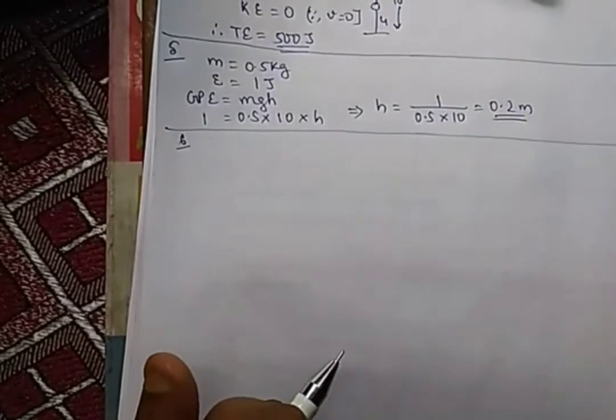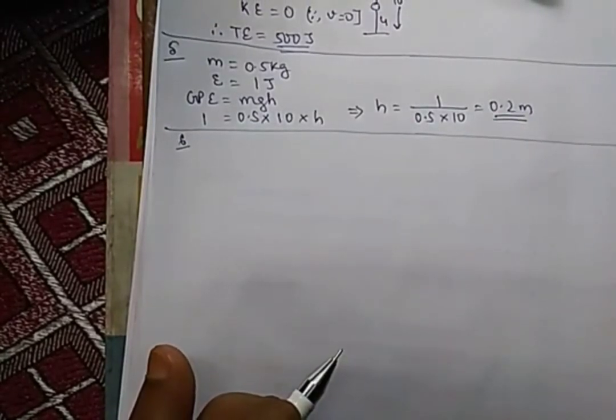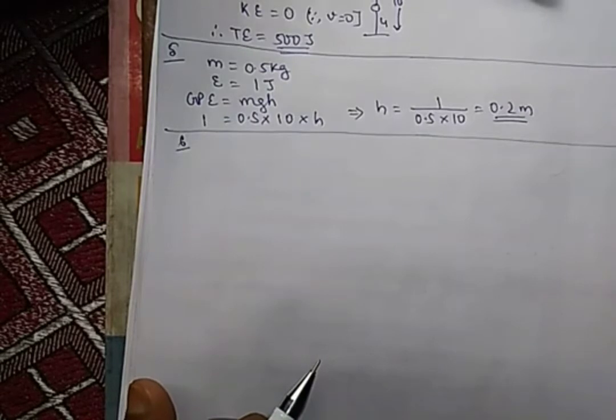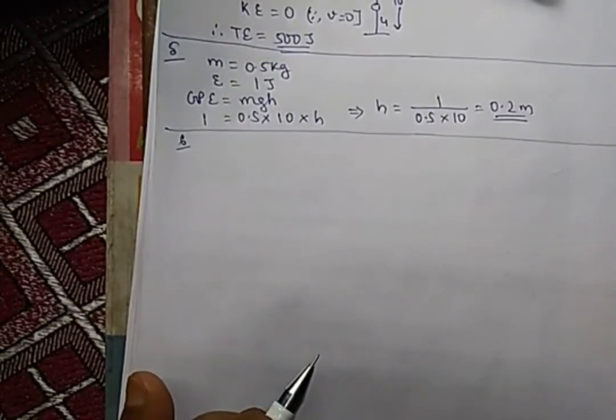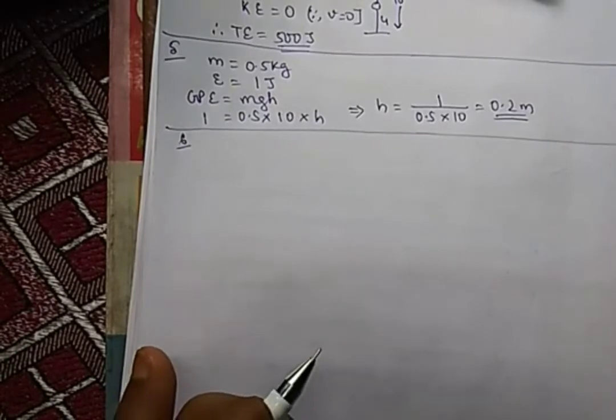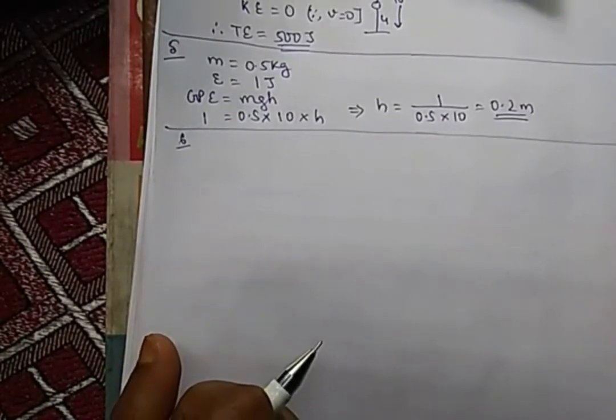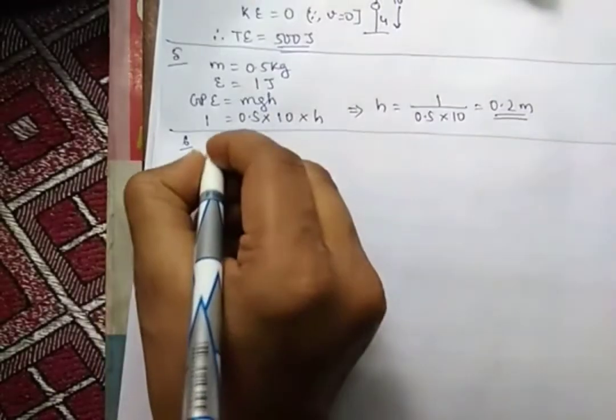Number 6. A boy weighing 25 kgf climbs up from the first floor at height 3 meter above the ground to the third floor at height 9 meter above the ground. What will be the increase in gravitational potential energy? Take g is equal to 10 Newton per kg. The force of gravity on the boy, what is given?